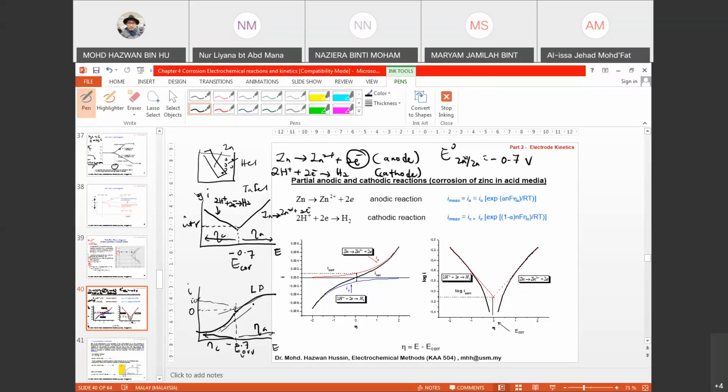The first exponential curve accounts for zinc to zinc 2 plus, and the decreasing exponential is for the formation of hydrogen gas.